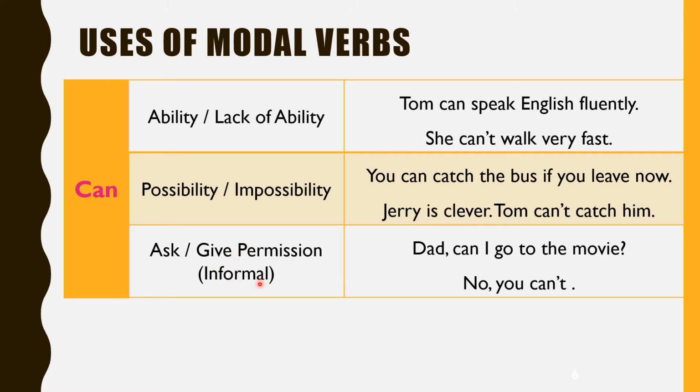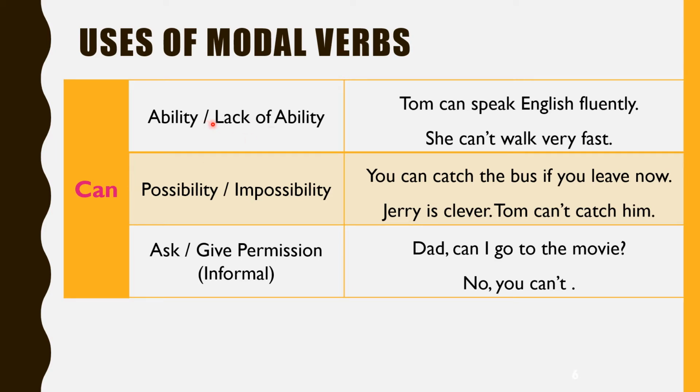Informal means we can use can to ask and give permission only with people whom we are friendly, like our friend, or our family, someone we know very well and with whom we have a very good relationship and understanding. Then we can use can to ask and give permission.